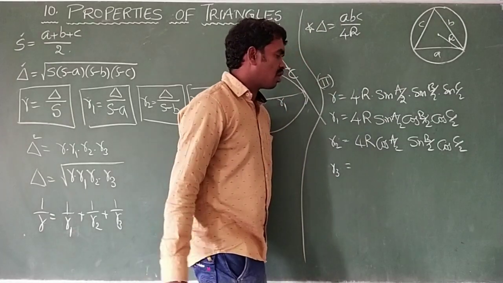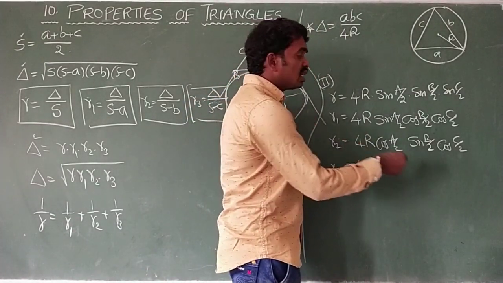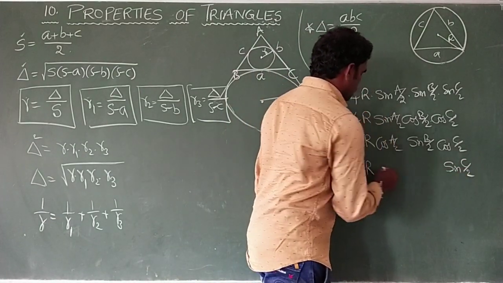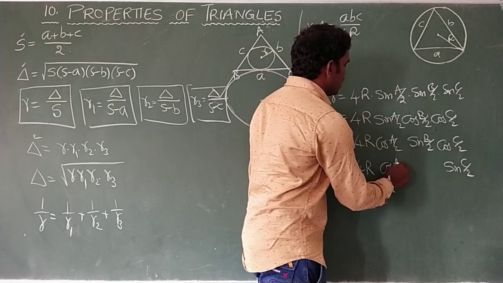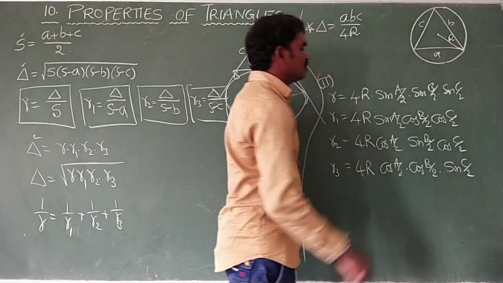Next, small r3: 4R into, for r3 the third one is sine and the remaining are cos. Cos A by 2 into cos B by 2 into sine C by 2.